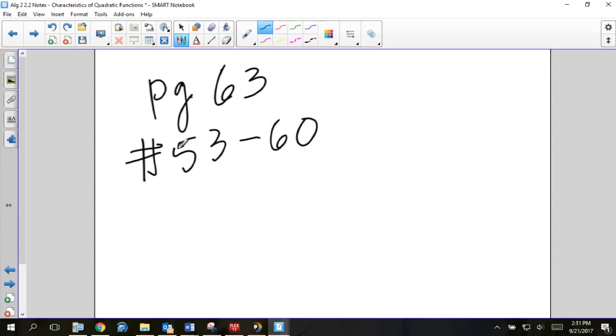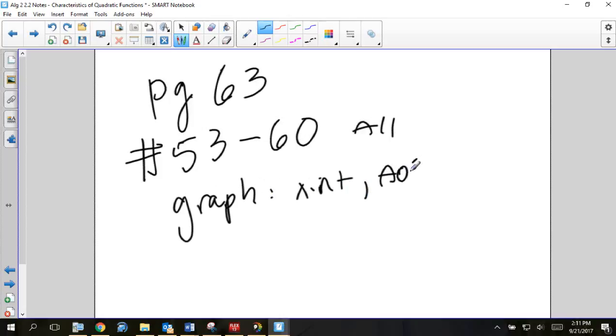Numbers 53 to 60 all. We are graphing all of them, and we are also finding x-intercept, AOS, vertex, y-intercept. All the stuff we did today. I'm going to stop the video and then I'll put that right back up if you're copying that down.